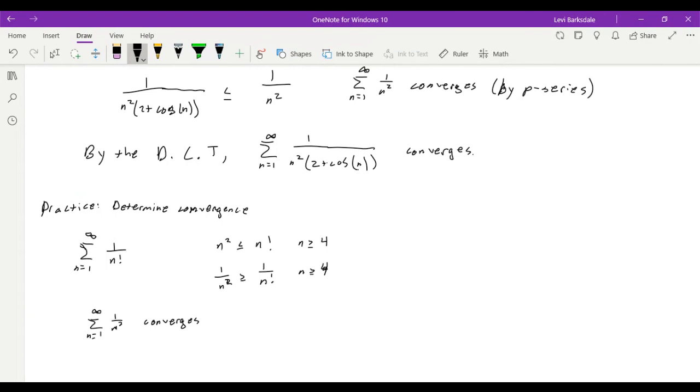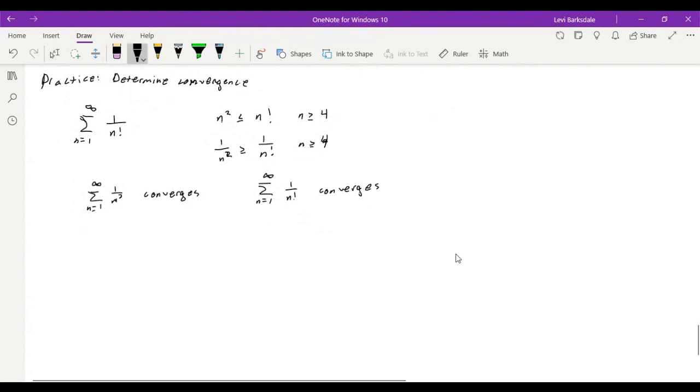So because it's always bigger than our 1 over n factorial sum term whenever n is greater than or equal to 4, we can actually get that the sum from n is equal to 1 to infinity of 1 over n factorial converges. And you might be wondering where this 4 comes into play.